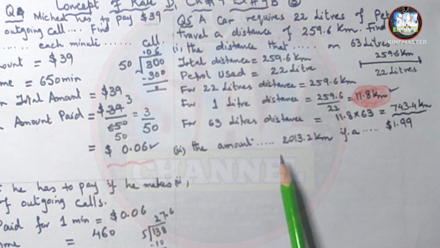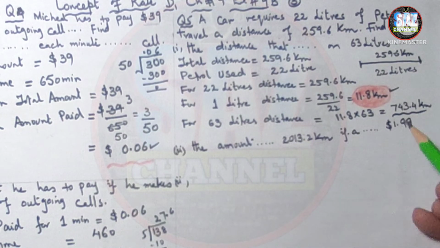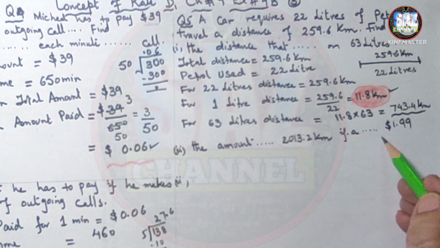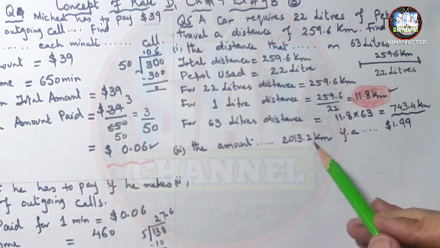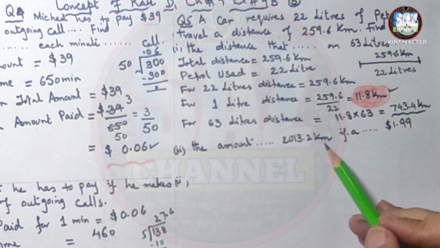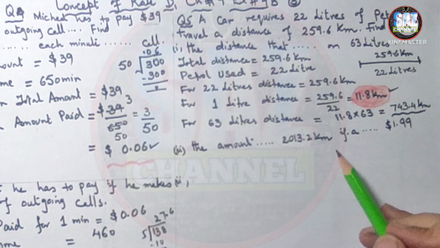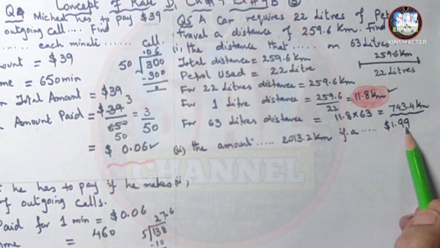Now try to understand what the requirement of the question is. The requirement is how much total amount the car owner has to pay if he is traveling 13.2 kilometers and filling the tank at the rate of 1.99 per liter.